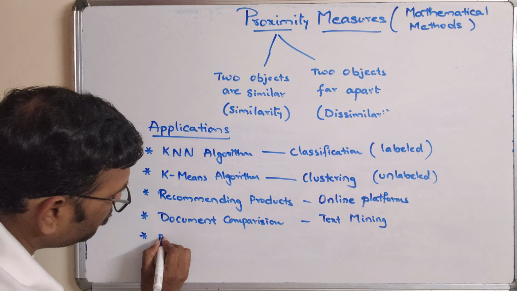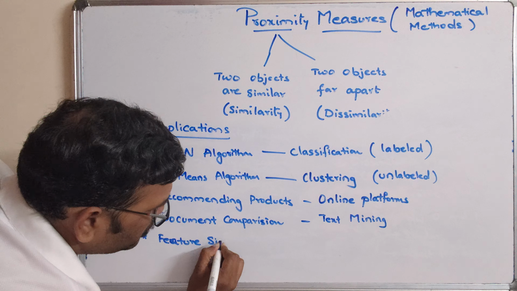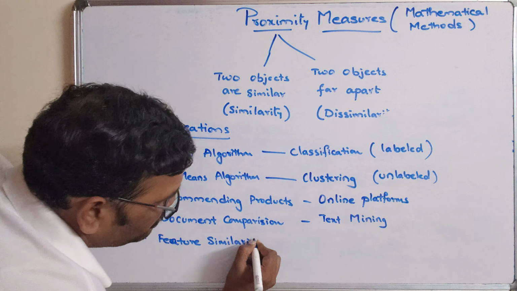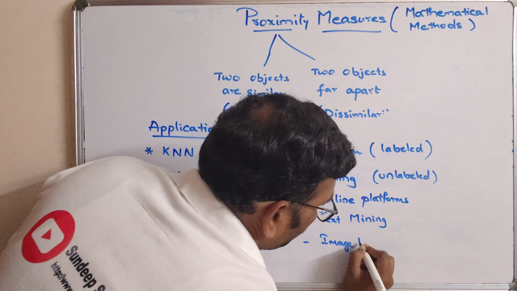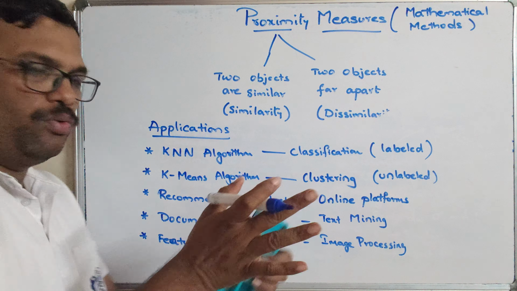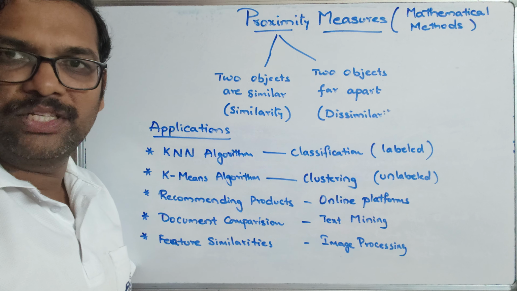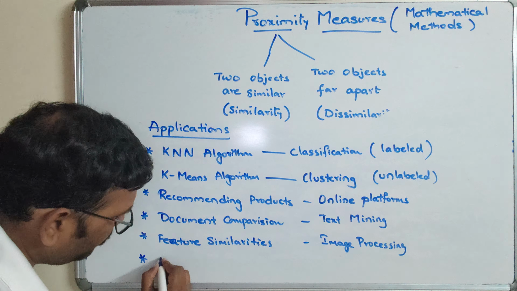Next, feature similarities. So where are we going to use these feature similarities? Image processing. In image processing also, in order to identify the images, we'll be using these proximity measures.